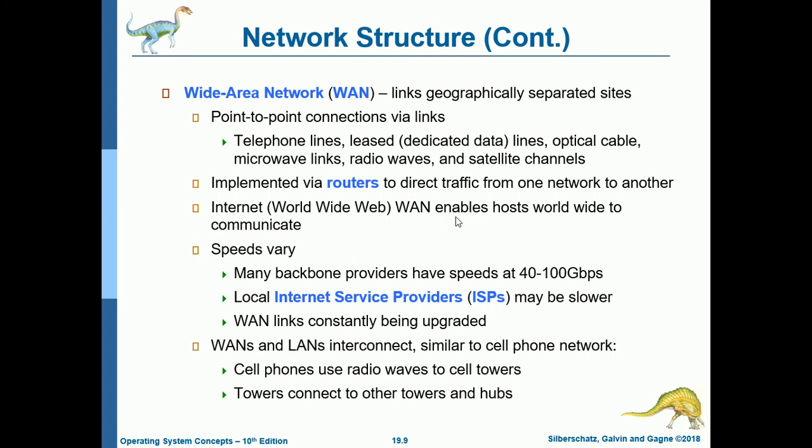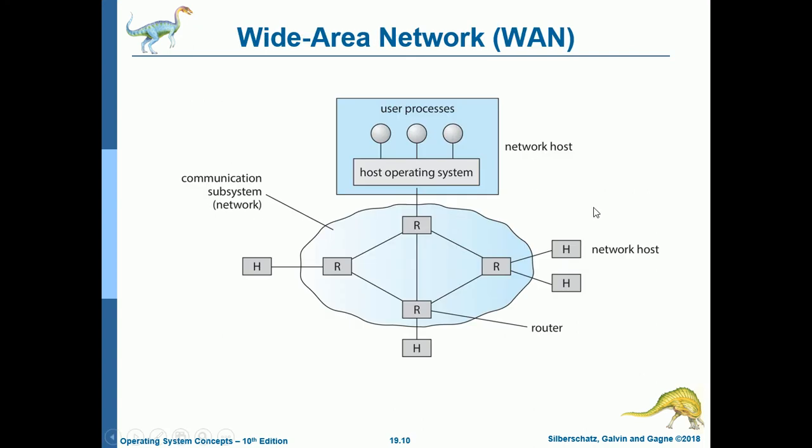The database is not locally available at the campus, but is centralized in the main. So that's also an example of a wide area network. With wide area networks, you can only connect using routers. So that's the R here.